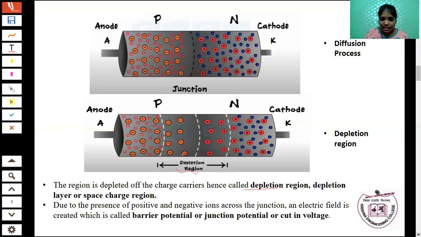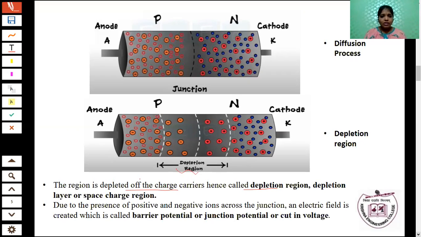The immobile ions formed near the junction in the P-type and N-type region are called the depletion region. These negative and positive ions deplete the charge carriers, so the region is depleted of charge carriers. Hence it is called the depletion region, depletion layer, or space charge region.